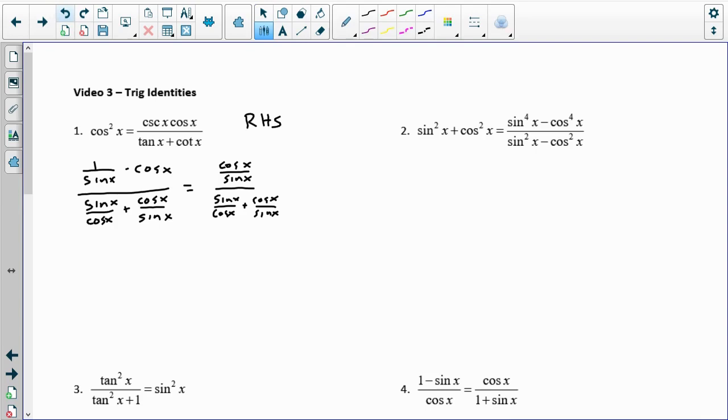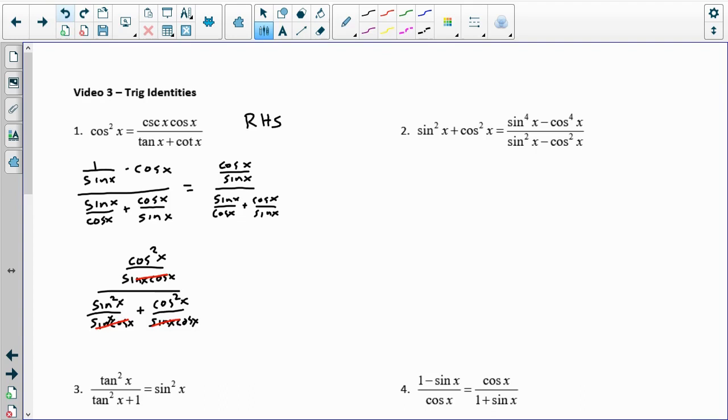So as I go about doing this, I end up with cosine squared over sine times cosine. Then I have sine squared over sine cosine plus cosine squared over sine cosine. Now, since I have a common denominator of the denominators, like in a complex fraction, all of these things cancel.